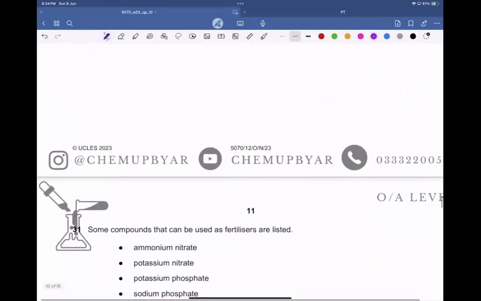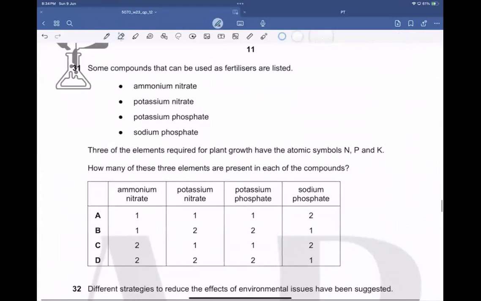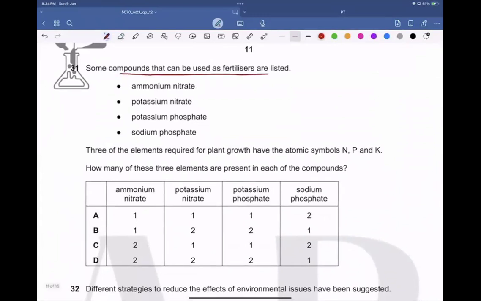Now, question number 31. Some compounds that can be used as fertilizers are listed: ammonium nitrate, potassium phosphate, sodium phosphate. Three of the elements required for plant growth have the atomic symbols N, P, and K. How many of these three elements are present in each compound?